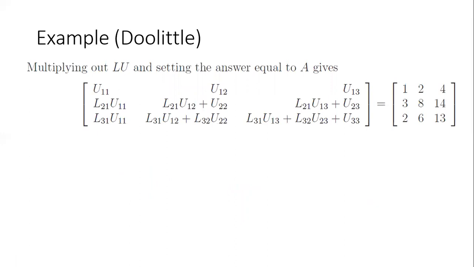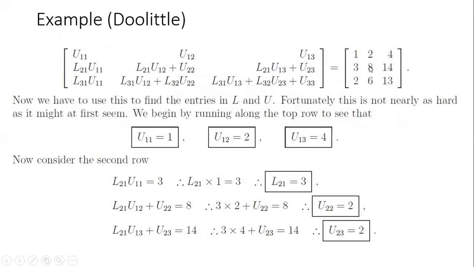So multiplying out L and U and setting the answers to A, this will give us this matrix form. From this matrix form, we can determine the value of U11, which represents this value. Then U12 as 2, U13 as 4.